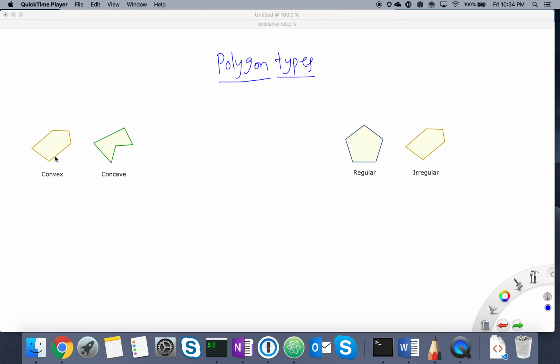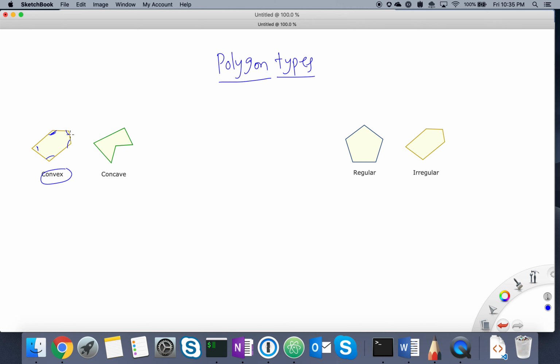In a convex polygon, all the internal angles, every one of them, can't be more than 180 degrees. It will always be less than 180 degrees. If all the internal angles of a polygon are less than 180, then it is called a convex polygon.